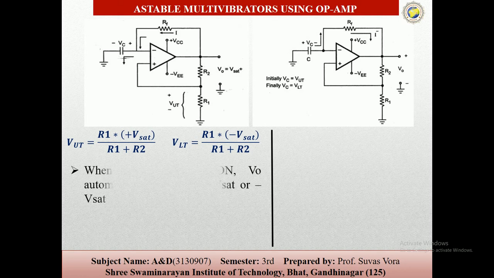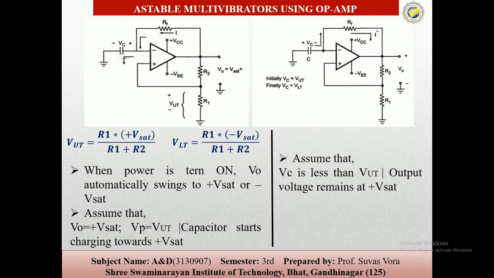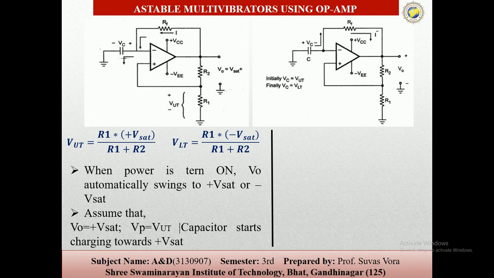So now assume V0 equal to positive saturation, so Vp is the upper threshold voltage and the capacitor starts charging toward the positive state, through the feedback path of the positive by the resistor Rf to the inverting input.